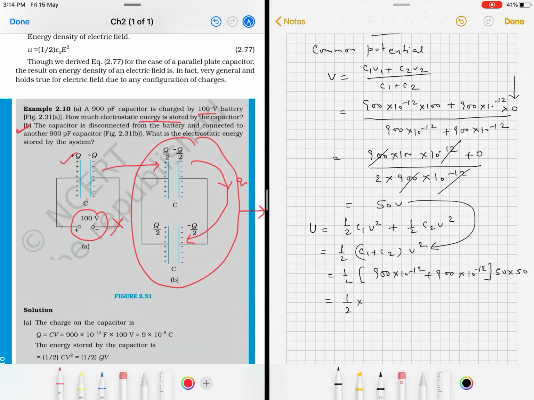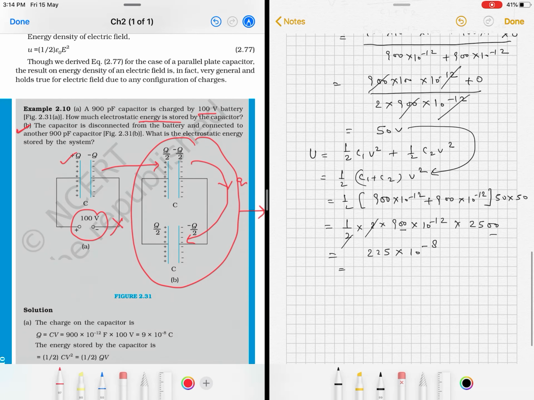One upon 2 into 2 times 900 into 10 to the power minus 12 into 2500, 2 is cancelled out, so we get 2.25 into 10 to the power minus 6 joule. This is the answer of this part. Now come to the exercise.